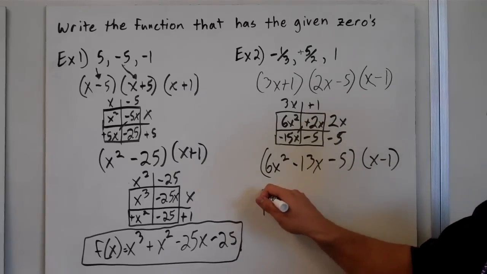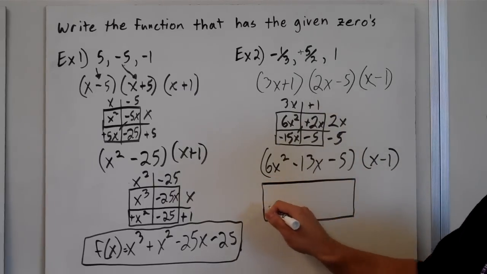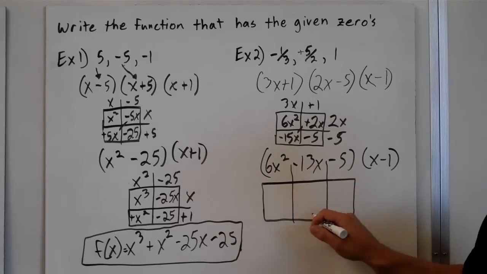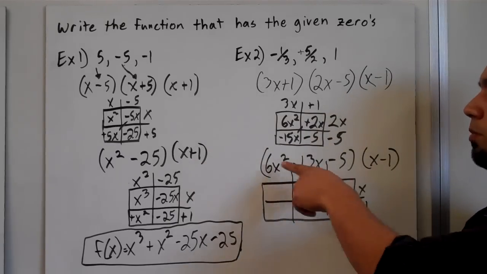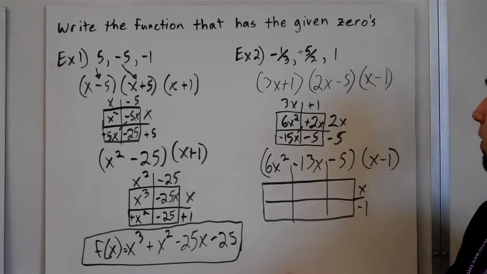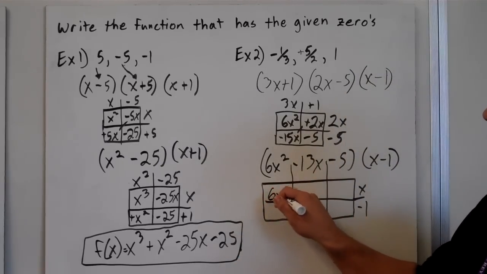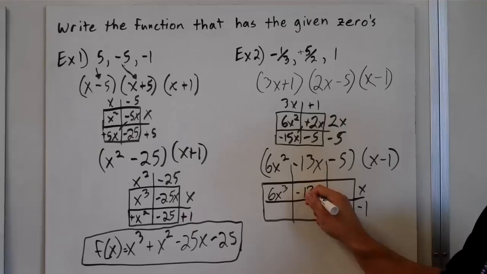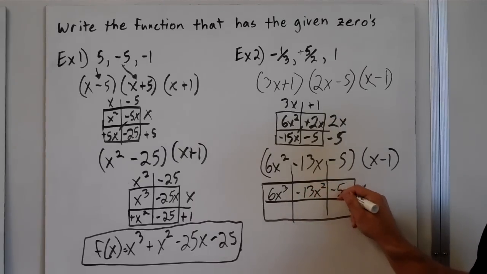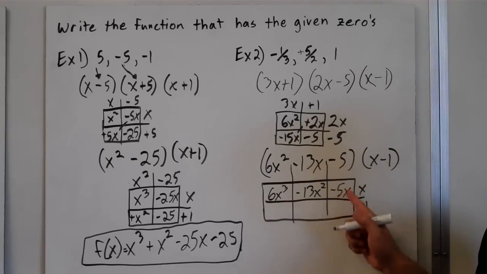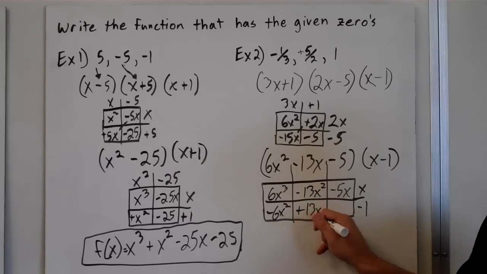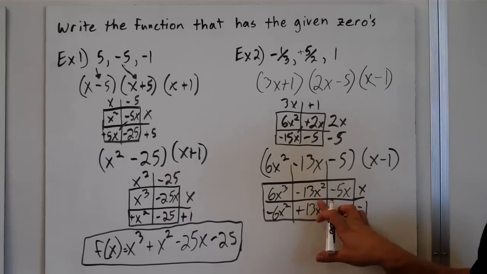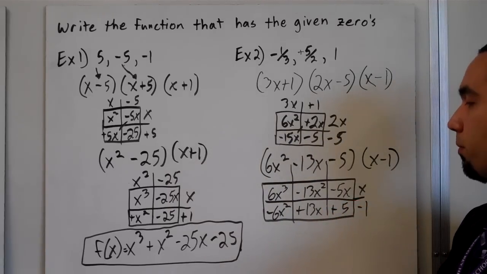So now I have to multiply those out. To save some time, I'm going to put my box right underneath that so I don't have to rewrite everything. So x times 6x squared is 6x cubed, then negative 13x squared, and 5x. Times negative 1 means just change the sign of everything: negative 6x squared plus 13x, and this is negative 5.